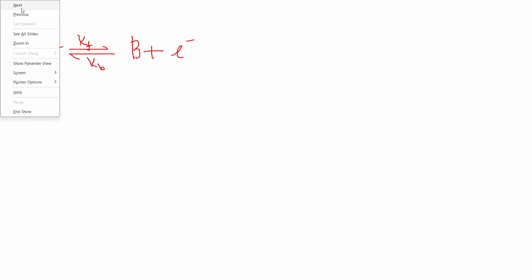So the first question is, who can tell what's the rate of such an equation? What is the rate? Okay, for this question, I'll help. Instead of just asking questions, I'll try to solve it.